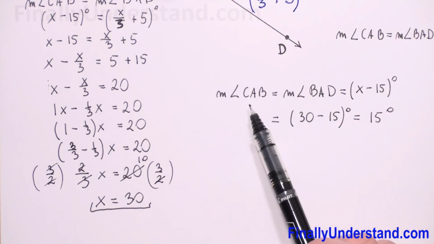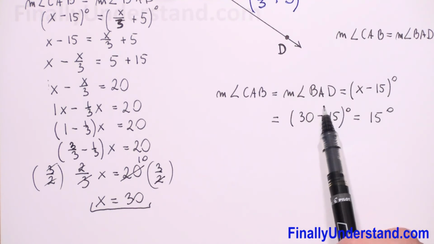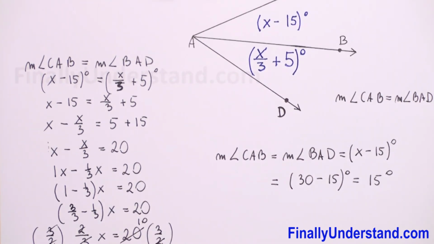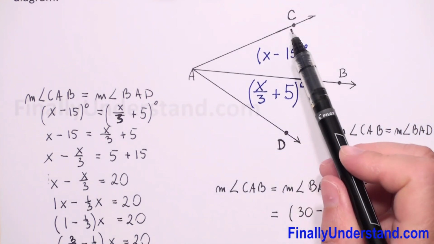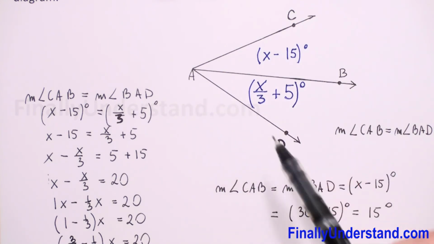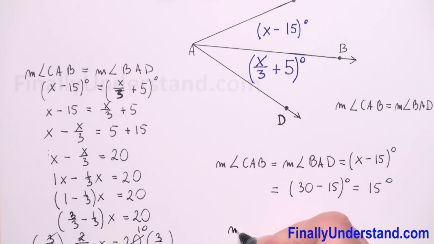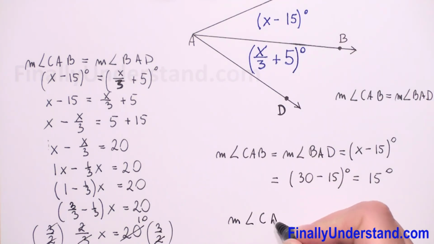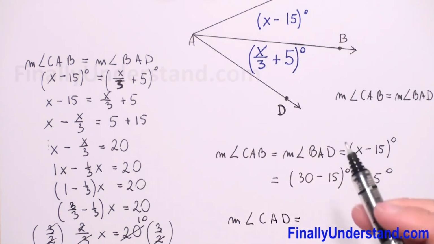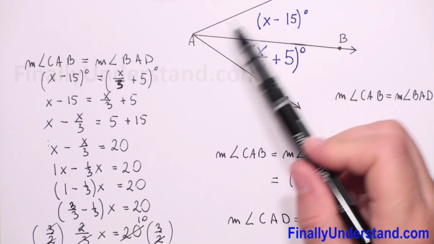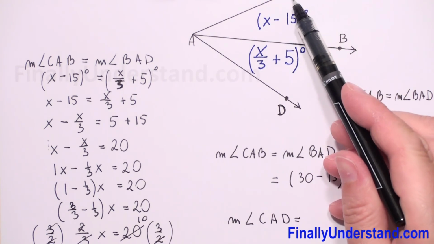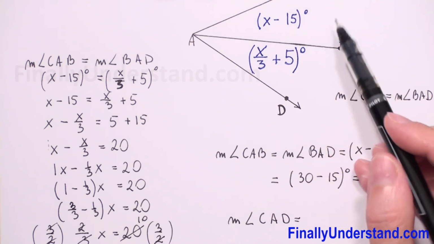Our angles CAB and BAD have measures of 15 degrees, and we have to find now only the measure of angle CAD. The measure of angle CAD is equal to the sum of these two angles, because B is an interior point.